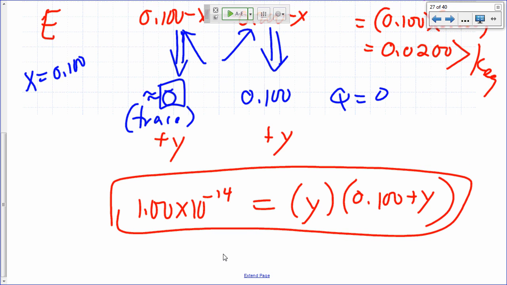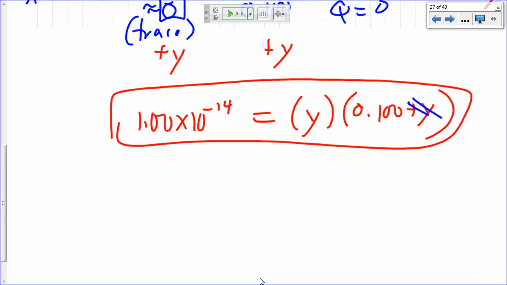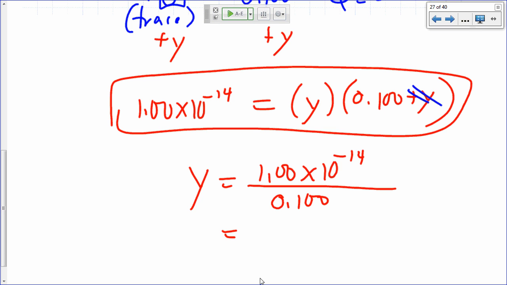All right. What simplifying assumption can I make? I know that this y is a trace amount, so that's negligible compared to 0.1. How do I solve for y now? I can just say y equals 1.00 times 10 to the negative 14 over 0.100, and y is going to be equal to, what would this be? 1.00 times 10 to the negative 13.